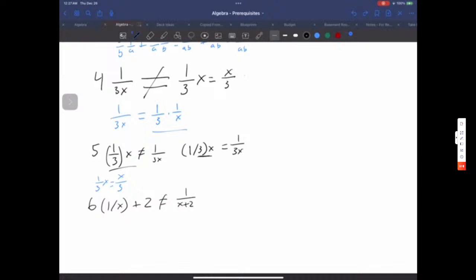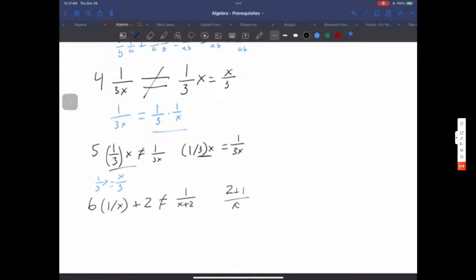Or one way to do it would be, well, that wouldn't work either. I would say 2 plus 1 over x, or 2 plus the quantity 1 over x. 2 plus 1 over x still may give you something like this, and you may not understand it. Now, the thing to note here would be, why would you have 2 plus 1 over x?